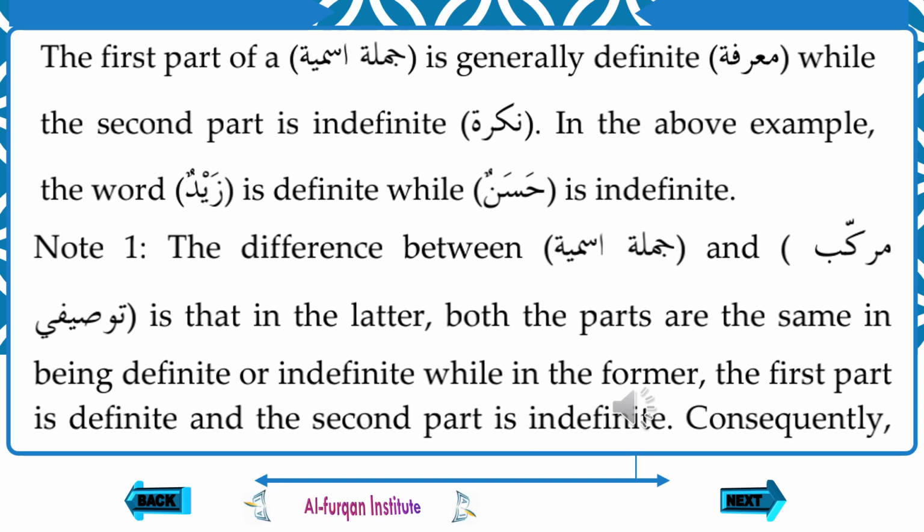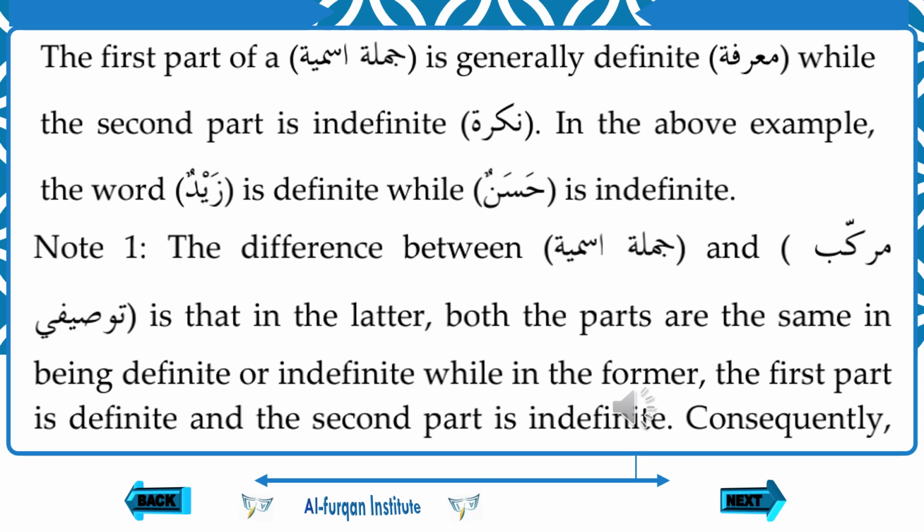So a jumla ismiya is a sentence that starts with a noun, and it usually consists of two parts. The first part is called mubtada'u, that is subject or starter.